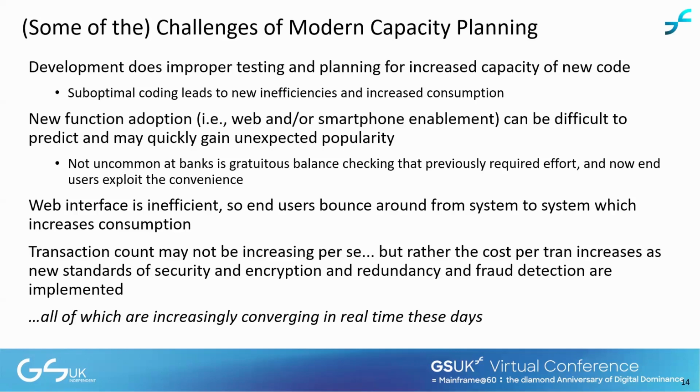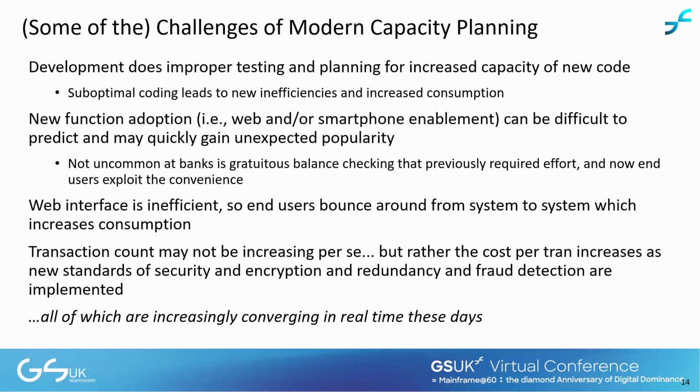Kind of related to the inefficient coding, you can have an inefficient web interface that isn't clear, and so the user isn't sure what the right link is they should click on, so they start bouncing around, and that generates increased consumption that isn't necessary. Oh yeah, and your consumption overall per tran might be increasing, but not the trans themselves, like the quantity of trans.